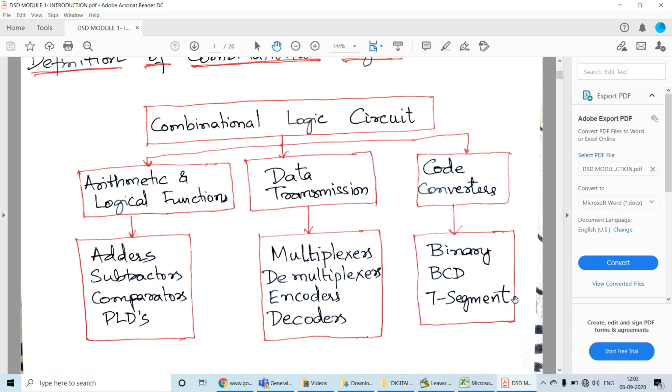Now we need encoders or decoders, right? What is encoding? Converting one form of signal to another form, and decoding is converting it back to the initial signal that we transmitted. So decoders and encoders are some sort of encryption and decryption that we do to hide the signal.